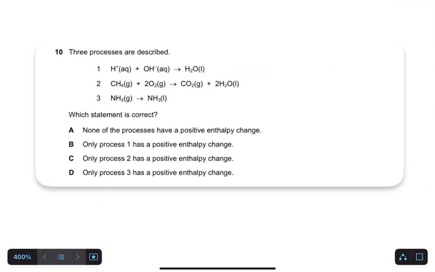So question 3 shows these three processes and which statement is correct. So we should talk about exothermic reaction or endothermic reaction for this, because positive enthalpy change means endothermic reaction. Therefore, we should consider whether these three processes are endothermic or exothermic.